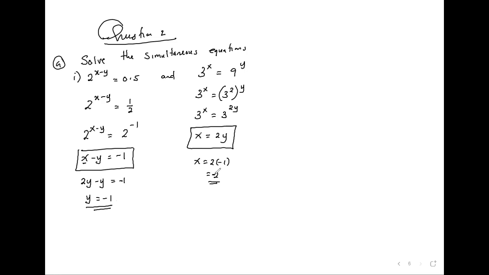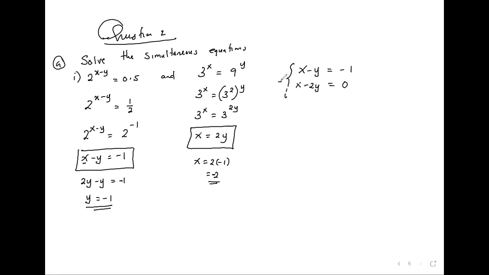Simple. Sir, hello, use elimination. Huh? Can you use elimination? x minus y is equal to negative 1. Then you write this as x minus 2y is equal to 0.